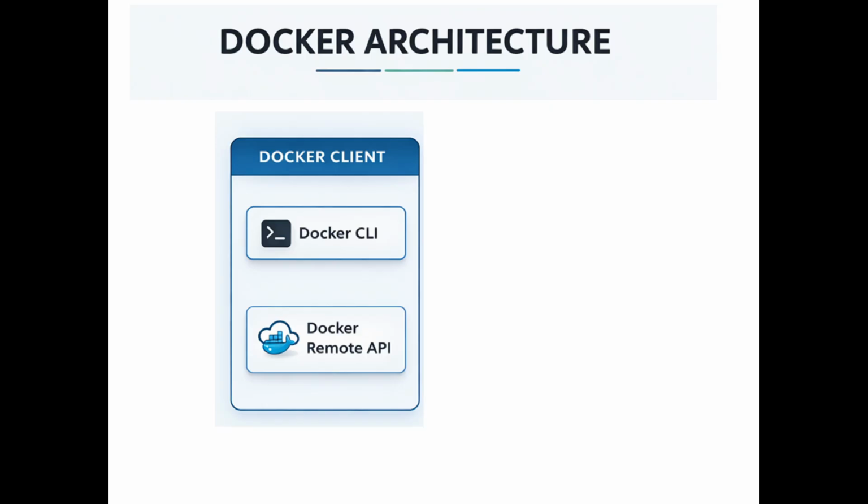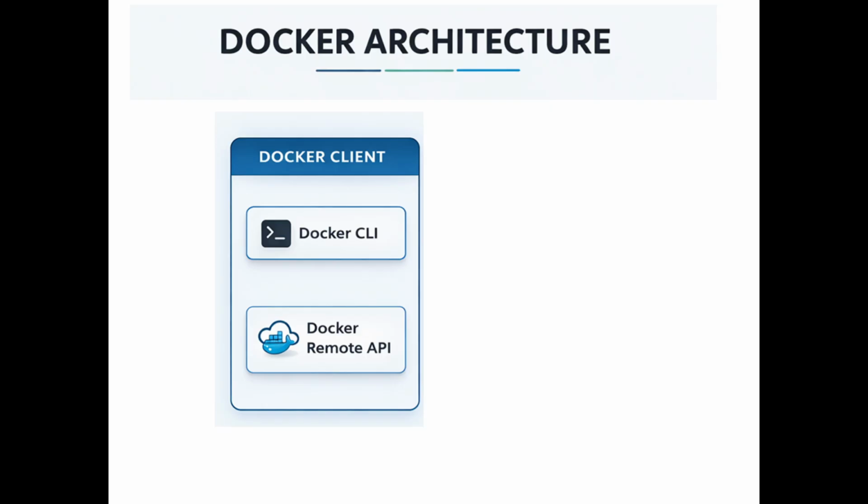In simple words, using the Docker client, we give instructions to Docker about what operations we want to perform, like build a Docker image, create a container from that image, start or stop a container, pull an image from Docker Hub. All these operations are initiated through the Docker client.